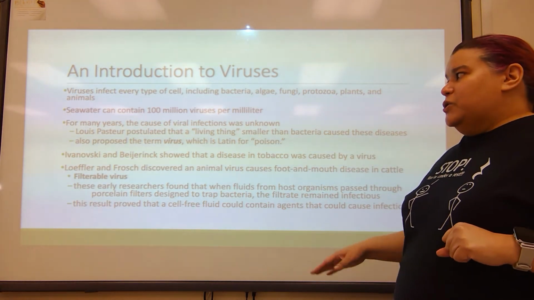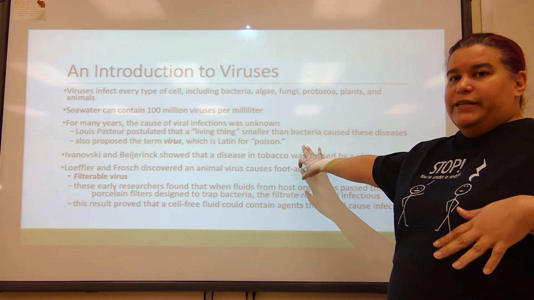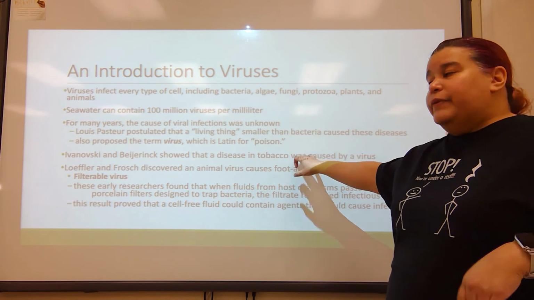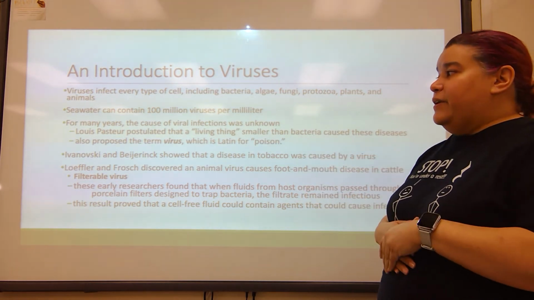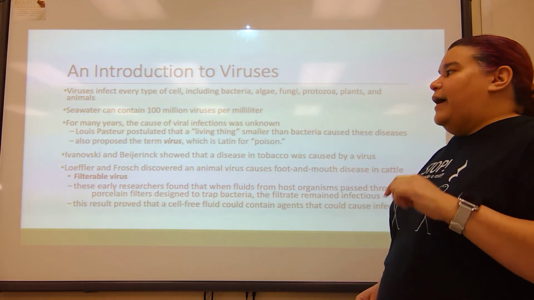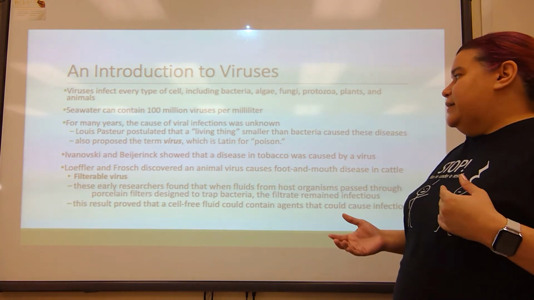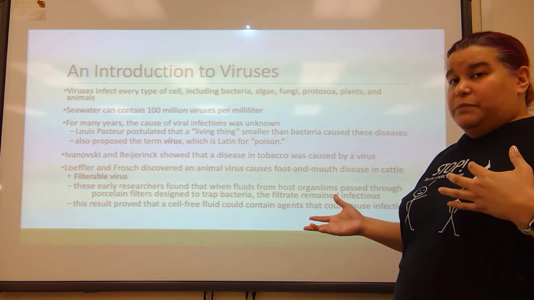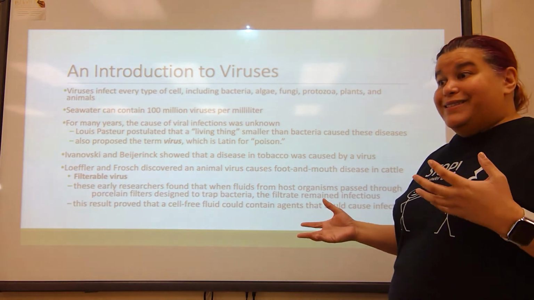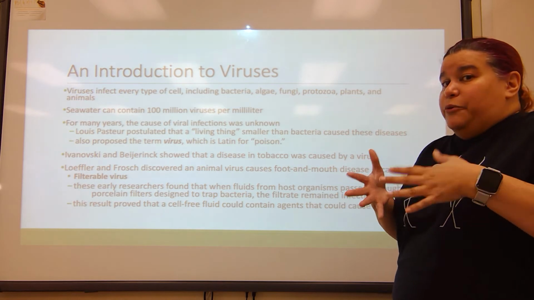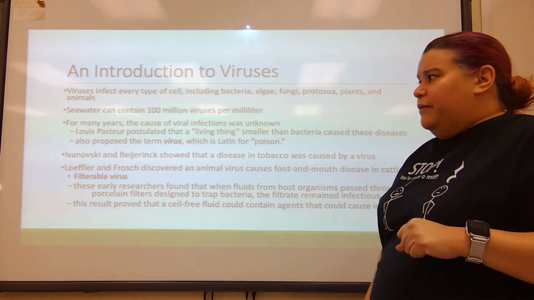He also proposed the term virus, which is Latin for poison. Ivanovsky and Beijerinck showed that a disease in tobacco was caused by viruses. They were the first ones that actually had empirical proof. They could prove that there was something there.